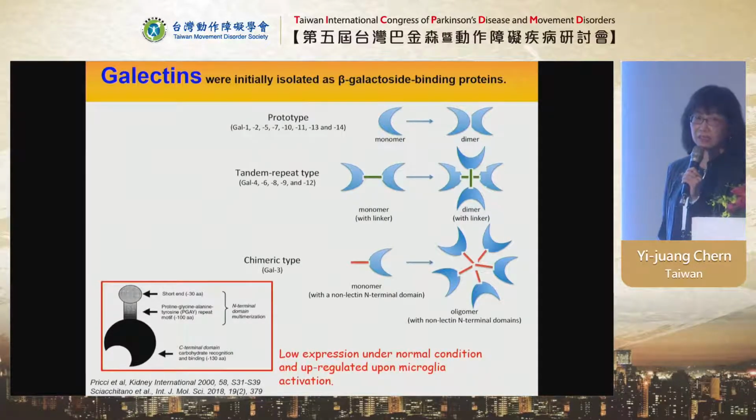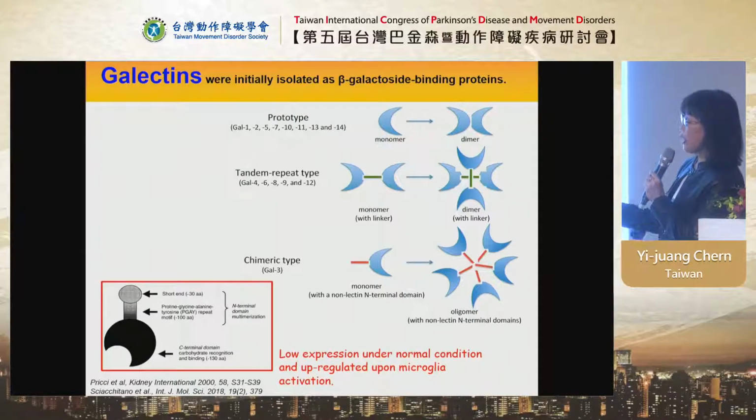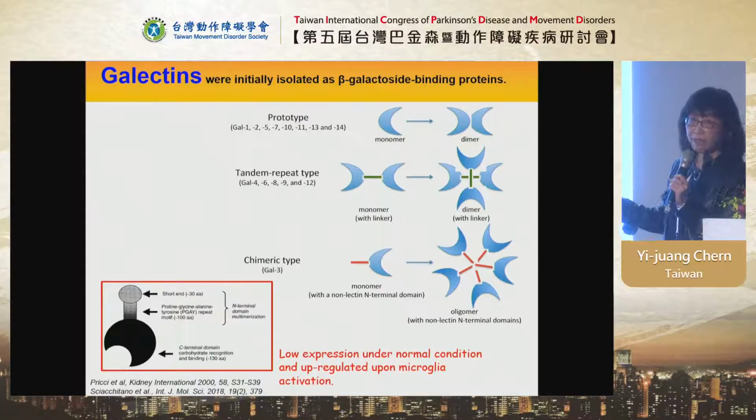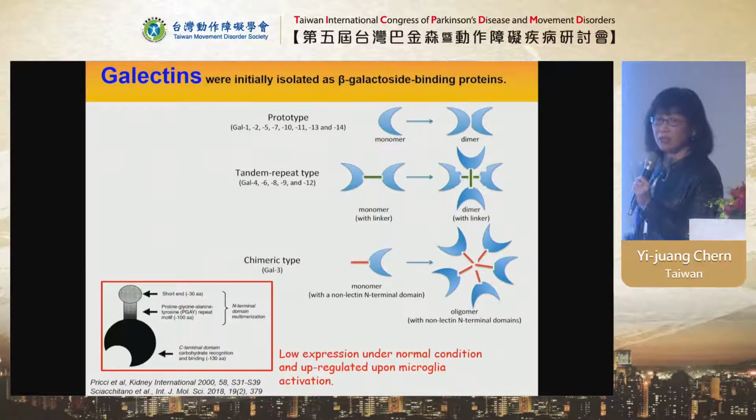Another very interesting thing is that galectin-3, although it exists in many parts of the brain, is at a really low level under normal conditions unless the microglia are upregulated.